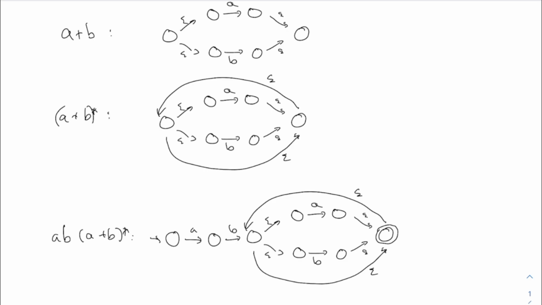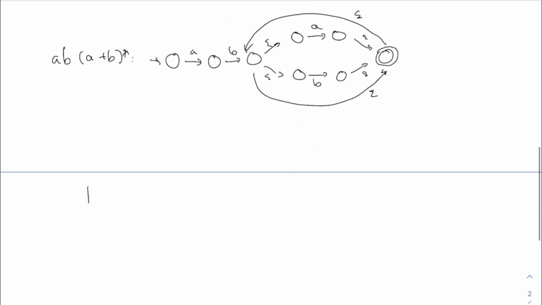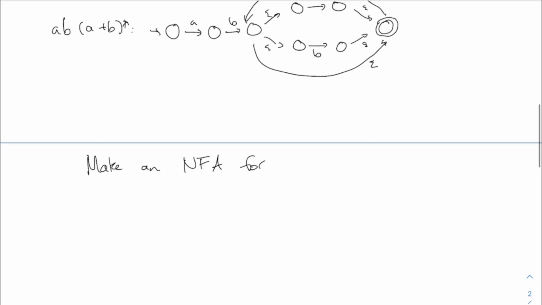How about make an NFA for this regular expression: A squared plus B star BA plus epsilon. See what you think. I will give you a few minutes. I'll walk around and see how you're doing.